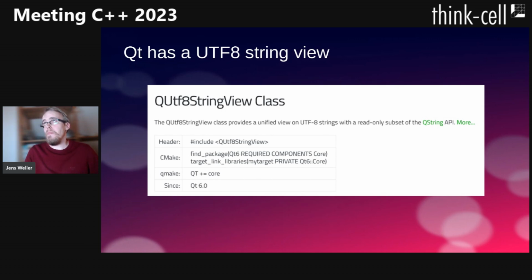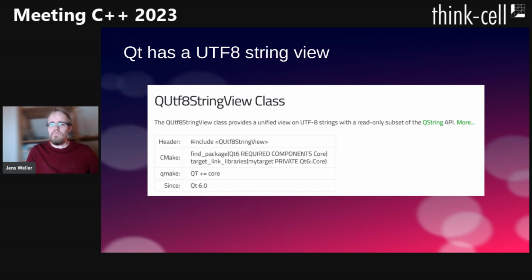But Qt has string views, and someone pointed out, hey, why don't you use Qt's UTF-8 string view? Which, yes, that's nice. But actually, I already have a string view in the standard, and it's nice to know that Qt also has that, and that there's actually one for Qt UTF-8.